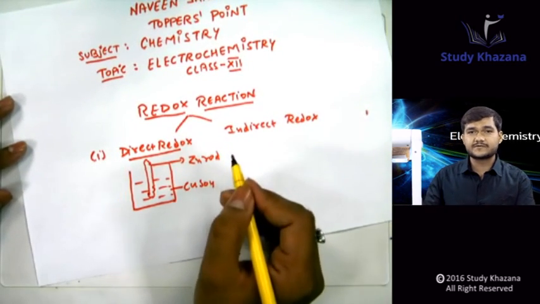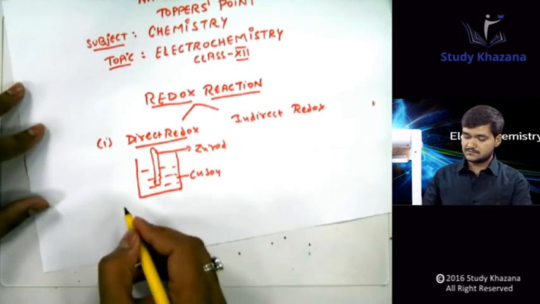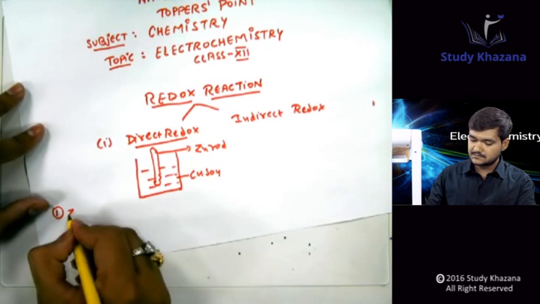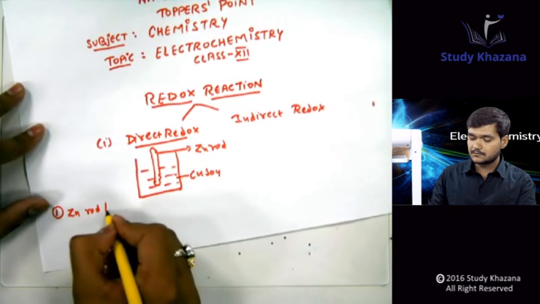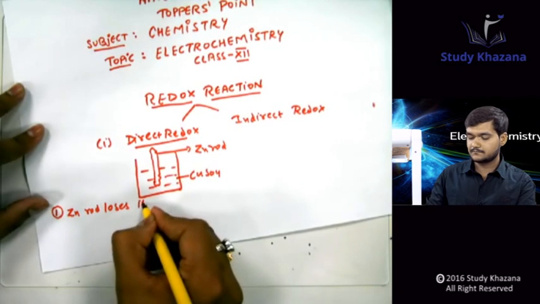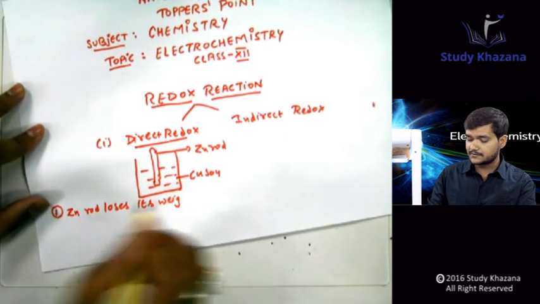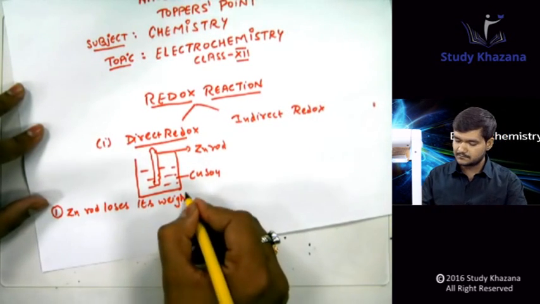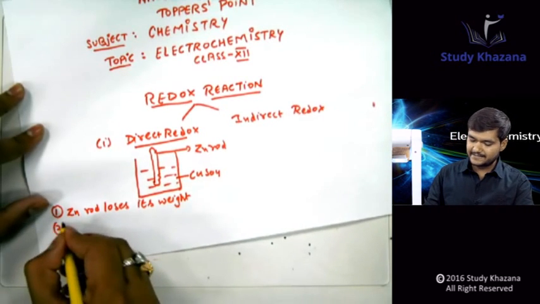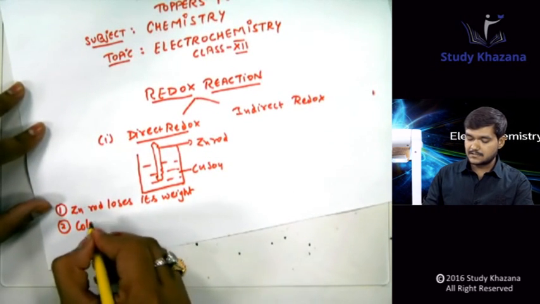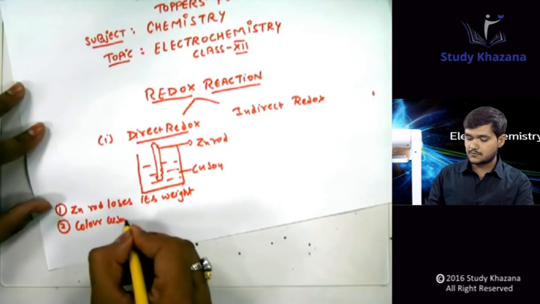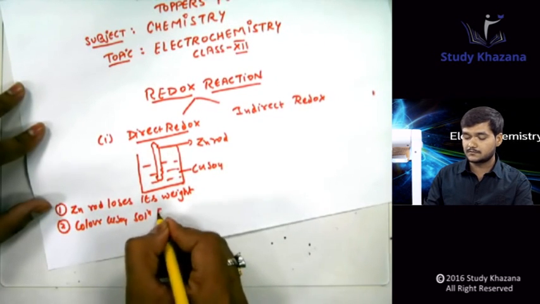Now what are the observations we have seen here? One, the zinc rod loses its weight. Second, the color of copper sulfate solution fades.